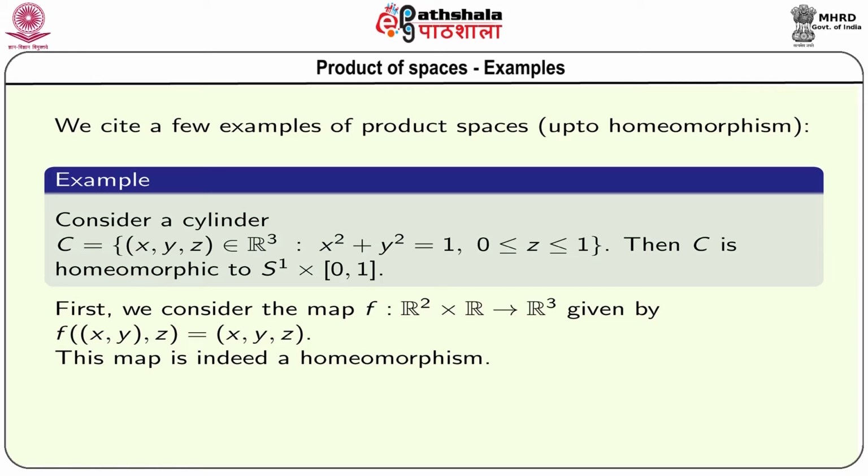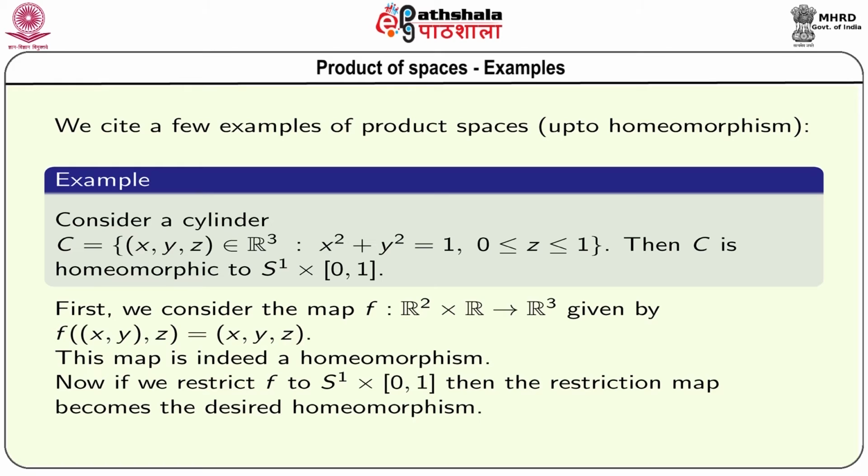This is actually a homeomorphism which can be verified easily. Now, if we restrict F to S1 cross 0 1, then the restriction map becomes the desired homeomorphism.